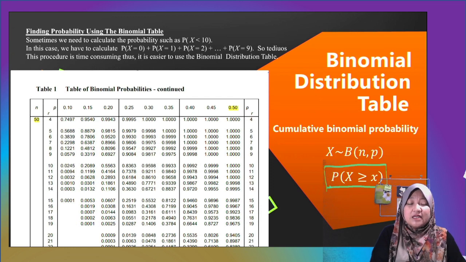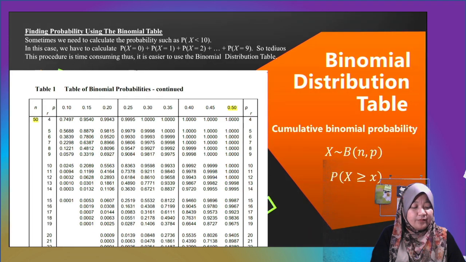And the largest n for this table is 50 and the largest probability is 0.5. Okay, the largest probability dia adalah 0.5 saja dalam table ni. Jadi kalau probability yang more than 0.5, kita kena ada cara lain sikit. Okay, nanti saya akan bincangkan ada satu soalan yang melibatkan probability yang lebih daripada 0.5.